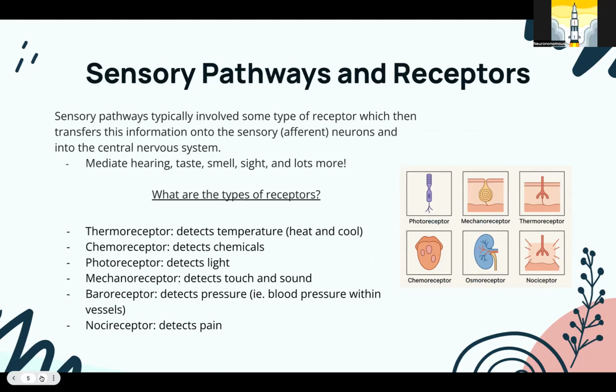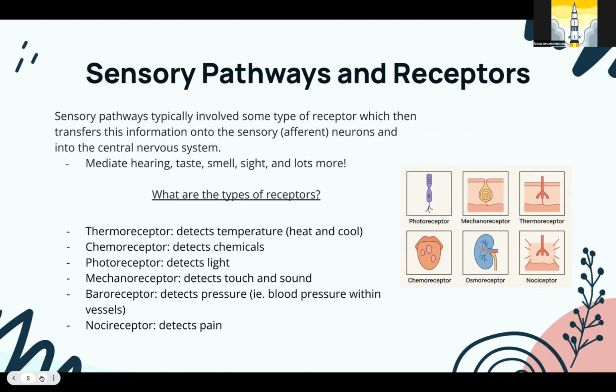We have receptors that transfer information onto sensory neurons, also called afferent neurons. Think about afferent as going towards the brain. And so onto the sensory neurons and then into the central nervous system, which consists of the spine and the brain. We're going to look at that a little bit more later. But sensory pathways mediate hearing, taste, smell, sight, and lots more.